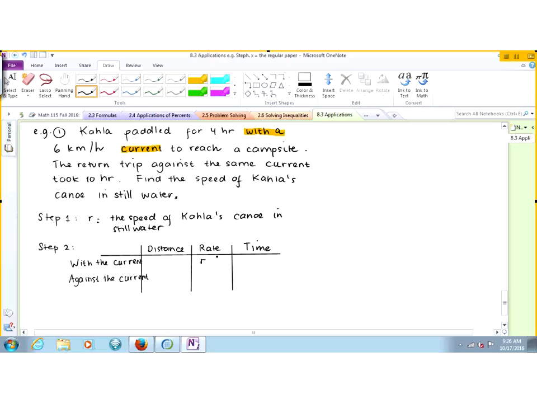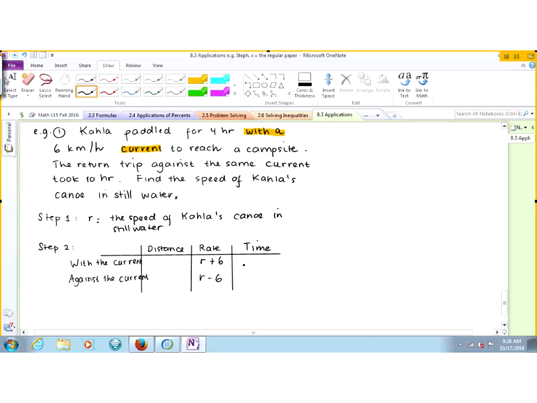What am I supposed to write here? If it is with the current, what happens? Plus 6. So it's faster. So that's why you're adding. What about if it is against the current? Minus 6, because it impedes. It makes it slow, so it's subtracted by 6.